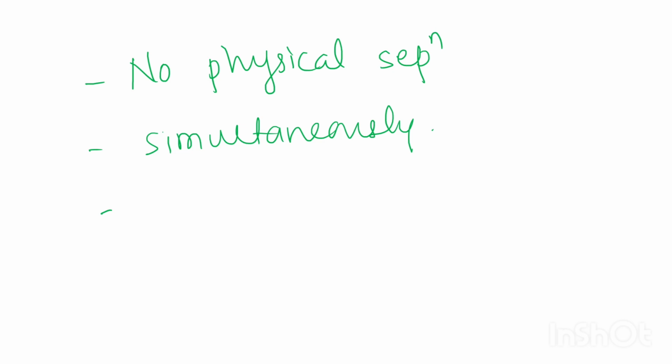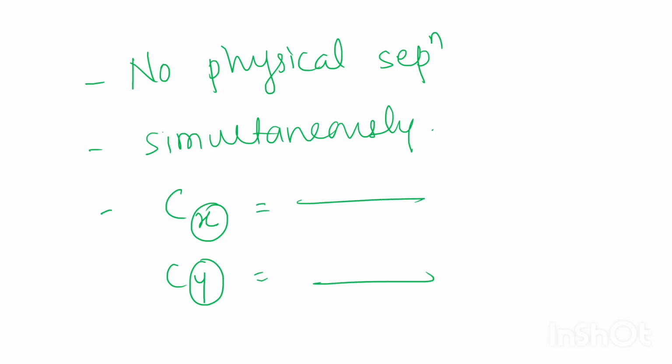In Beckett, the textbook for pharmaceutical analysis, for Cx and Cy, the concentration of X and the concentration of Y, they have given direct formulas. Here in this particular video, I will tell you how to calculate the concentration using these two equations. Let us proceed further.